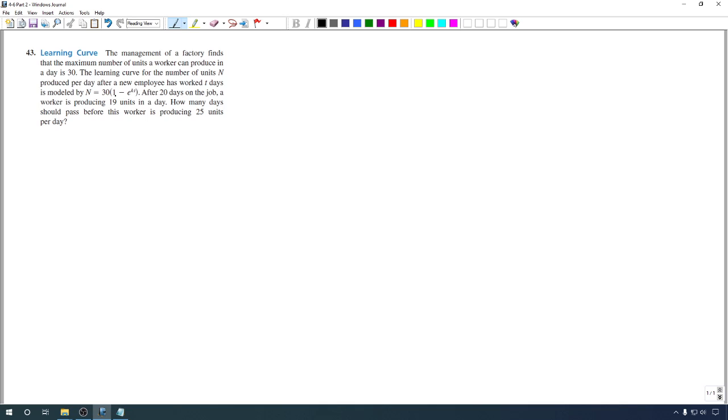Basically, we're saying that we have a new worker starting out with basically no knowledge about the job that he's in, and over time he approaches knowing how to produce the correct number of units.